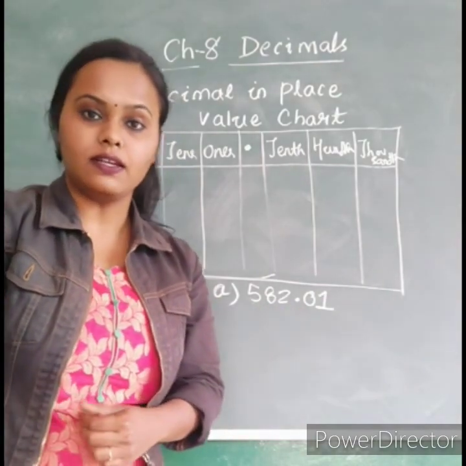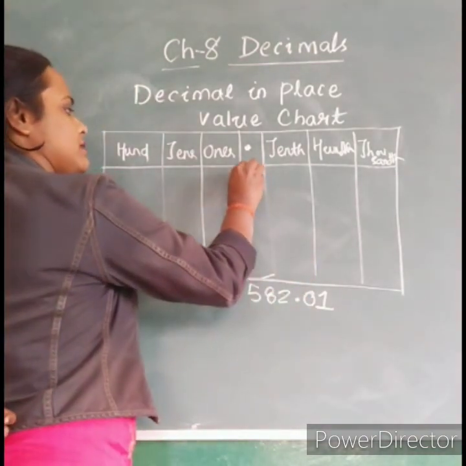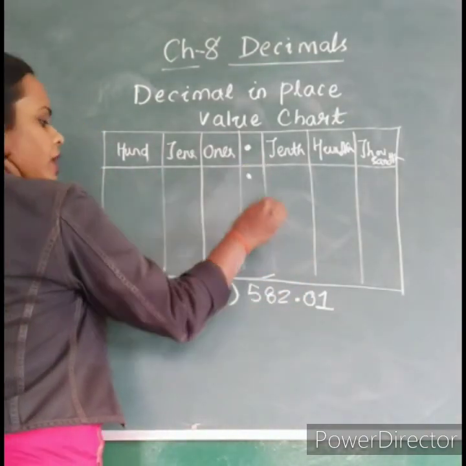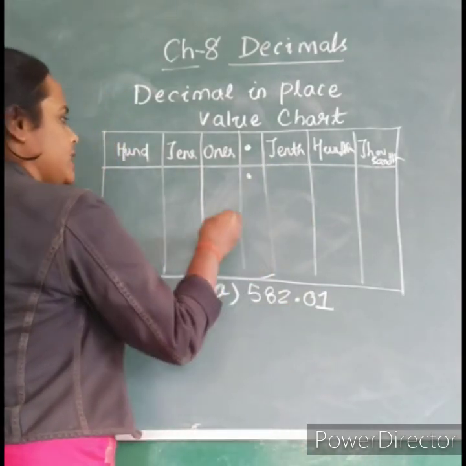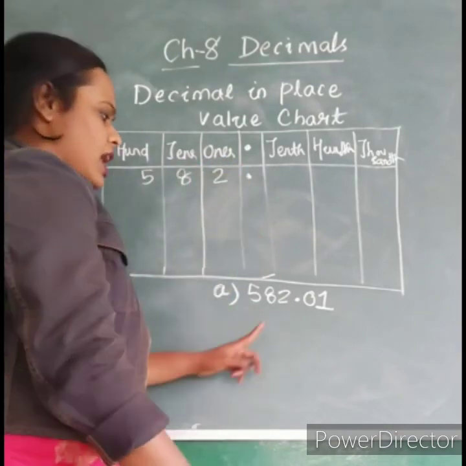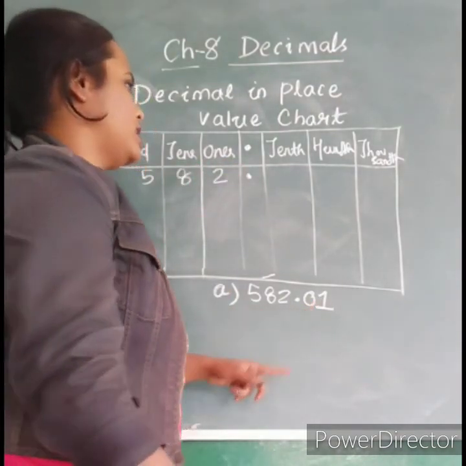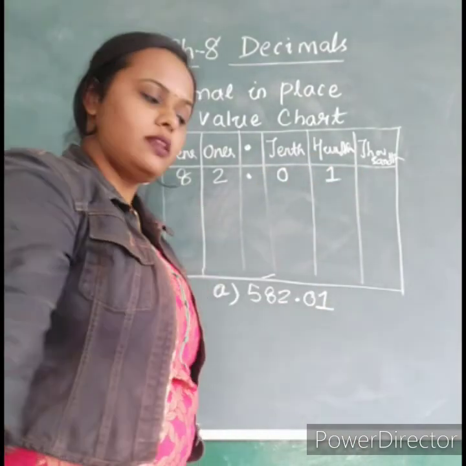We have to put it in the place value chart. So the point will remain in the decimal line only. Before the point is 582, so I will write 582. After the point we have 01. So here I will write 0 and here I will write 1.